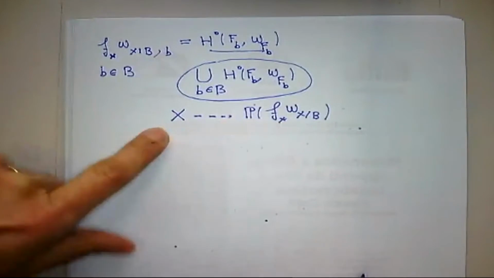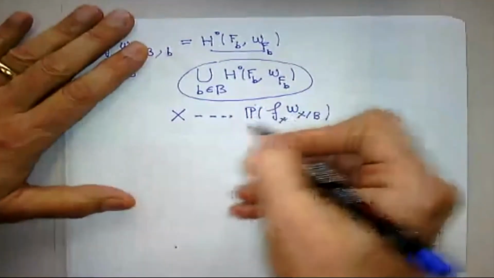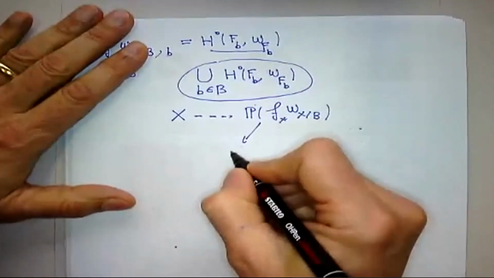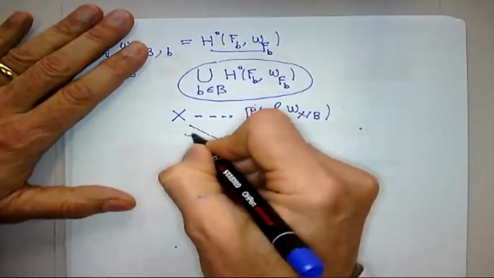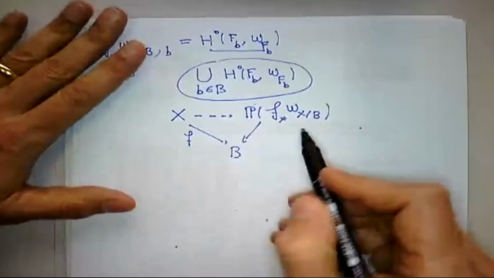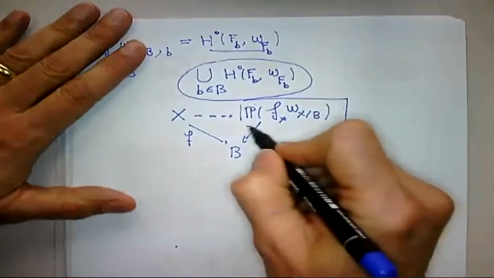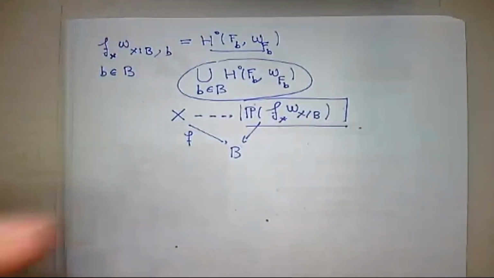You have to study this map. It's a technical device to study the fibration f. In a certain sense, this is the analog of what the canonical model is for a variety.